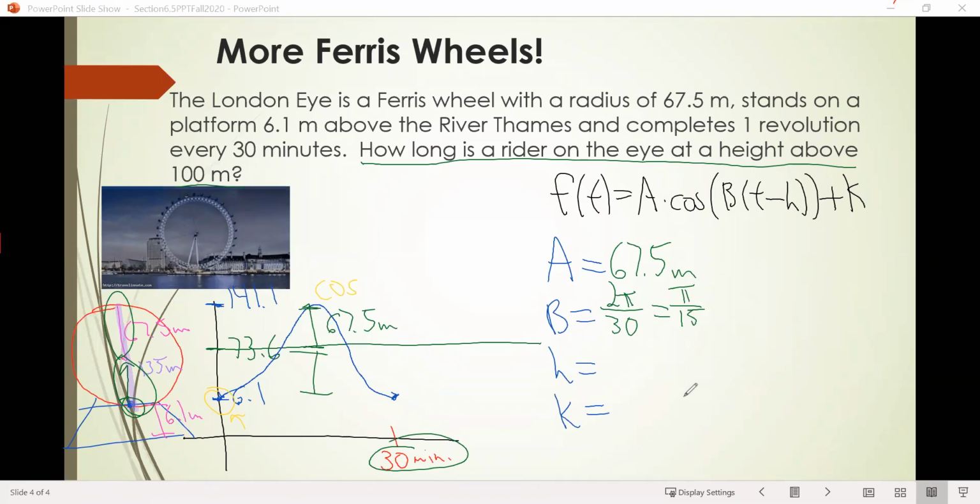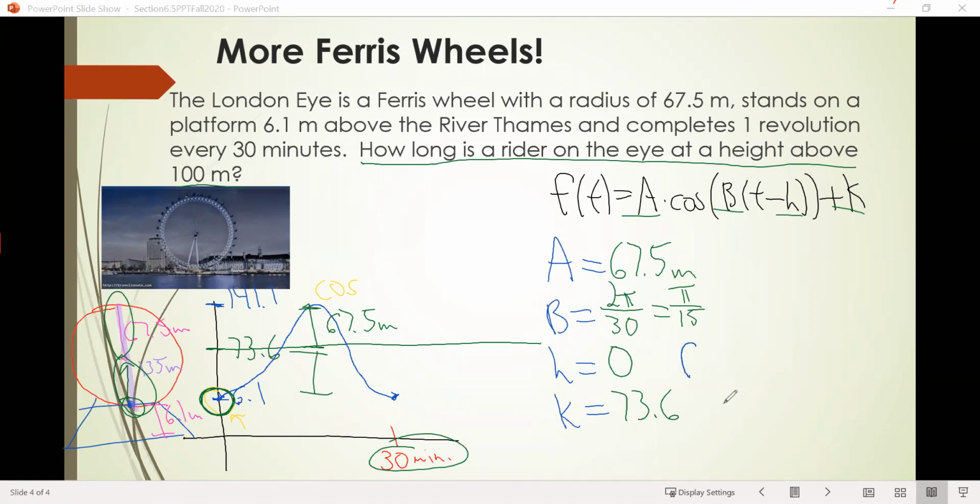H would be our horizontal shift, but notice in this case we're starting right on the vertical axis, so we actually haven't been shifted left or right at all. So our value for H would be 0. And then K would be where our midline is, which in this case we see is at 73.6 meters. Okay, so now we have all this information, we can fill it in up here.